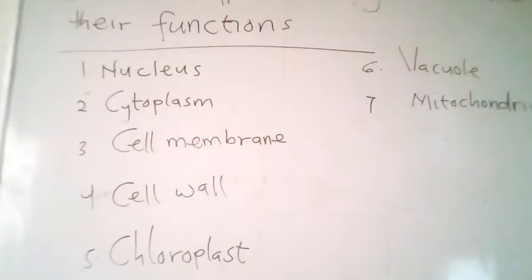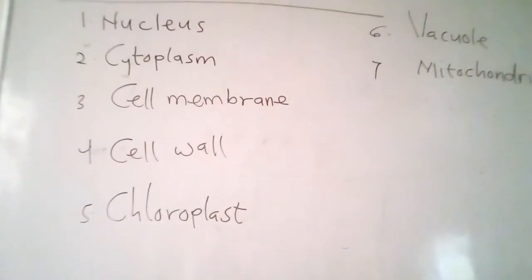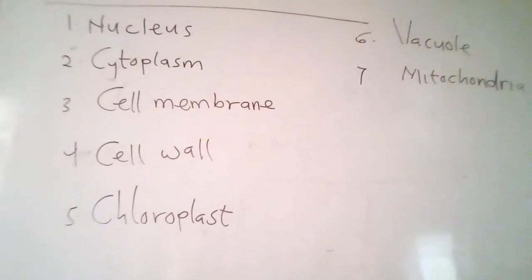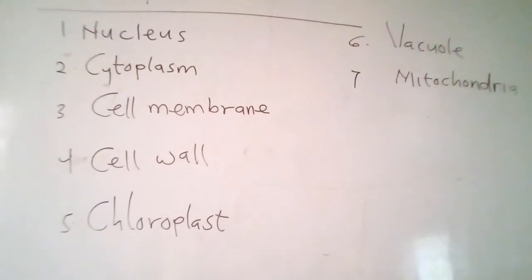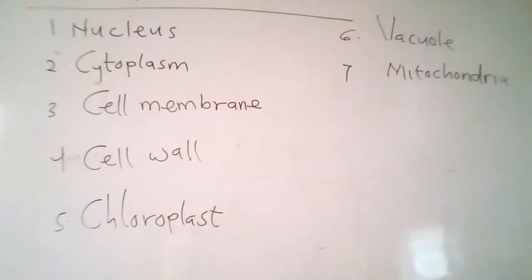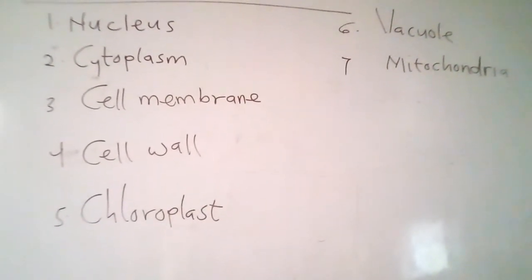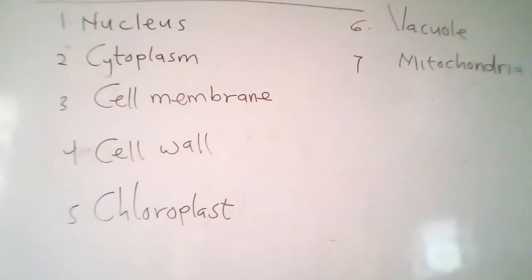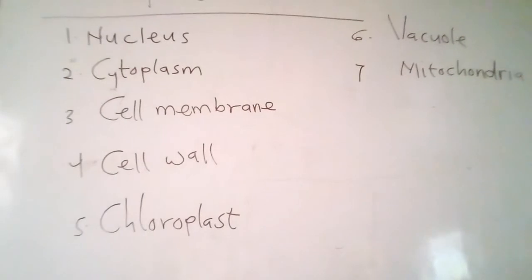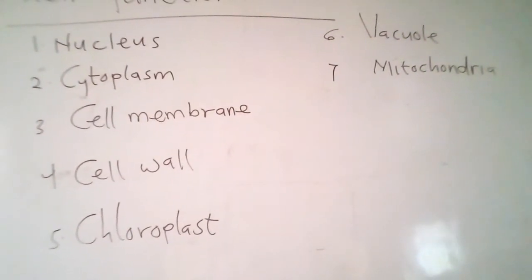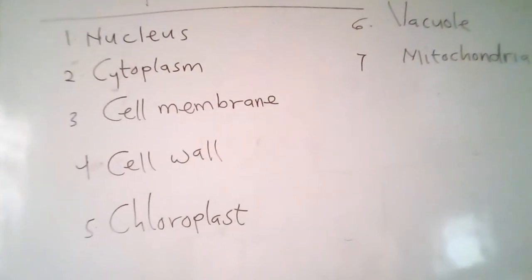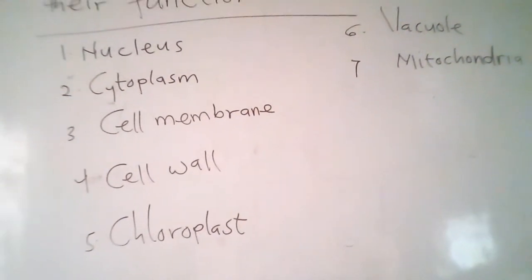Let's go to the cell wall. The cell wall is found in plant cells and is made up of cellulose. It encloses the cell membrane in plant cells. The functions of the cell wall: 1. It helps to keep the shape of the cell, and 2. It gives strength and support to the plant cell. Now, chloroplast.